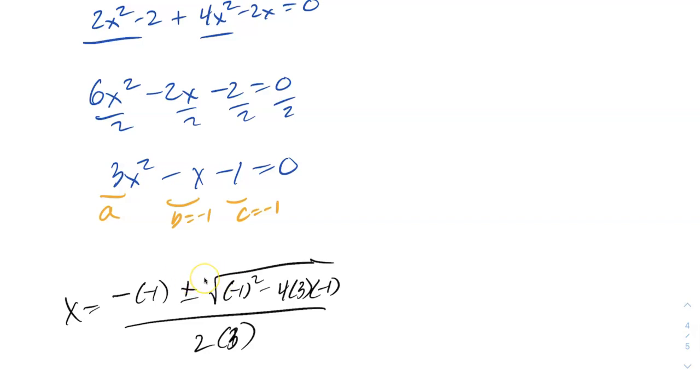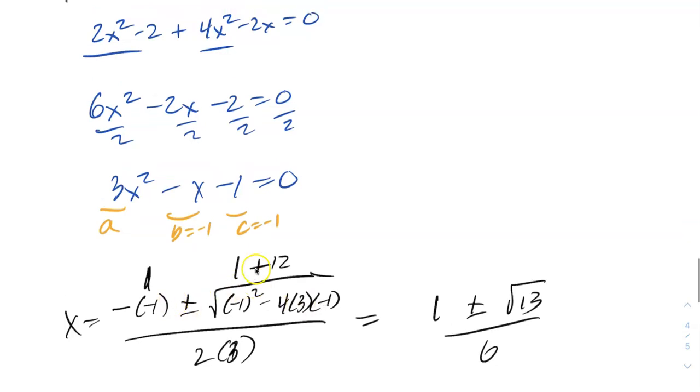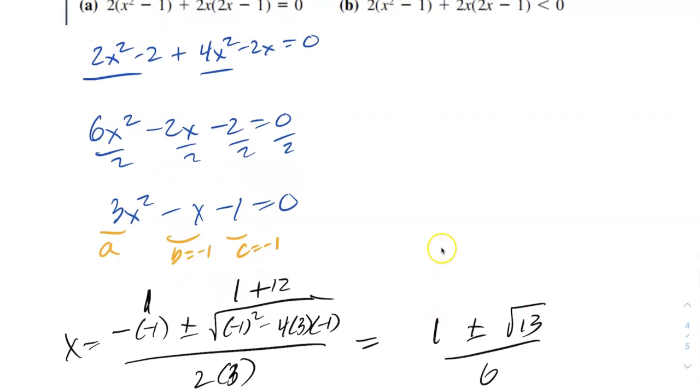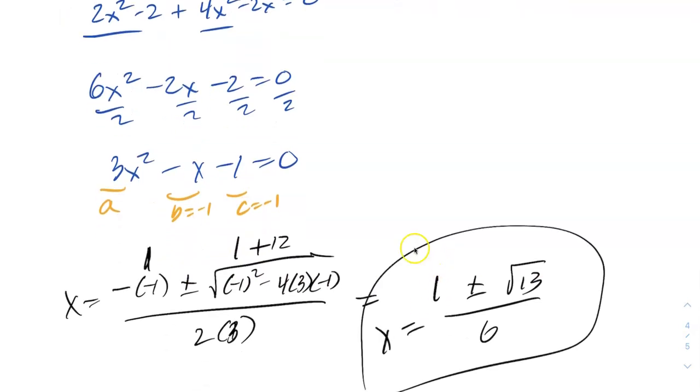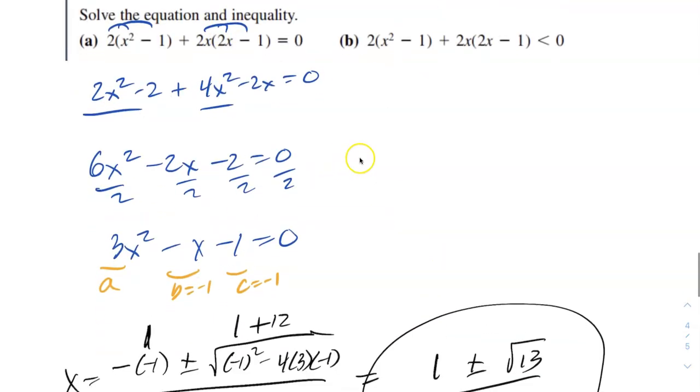This becomes a 1, -1 squared is 1, -4 times 3 is -12, but times another negative, so positive 12. So I just get positive 1 plus or minus rad 13 over 6. So there's my answer. That's part A done. Got 2 answers, that's all I needed.